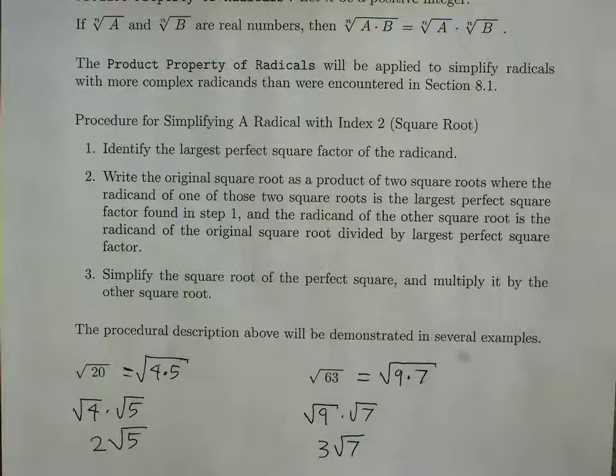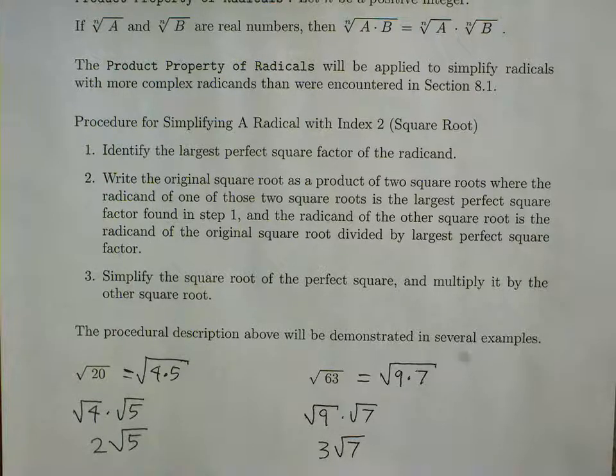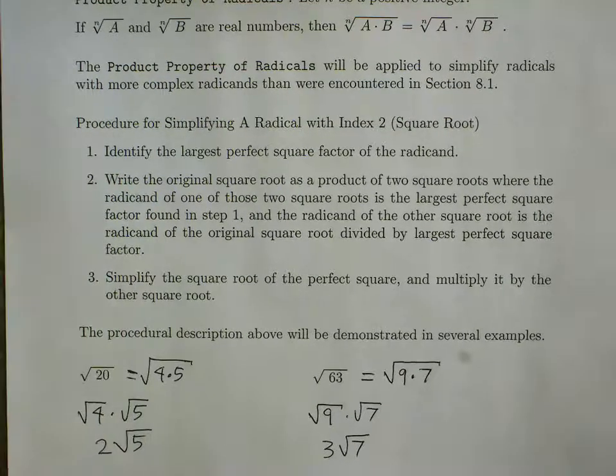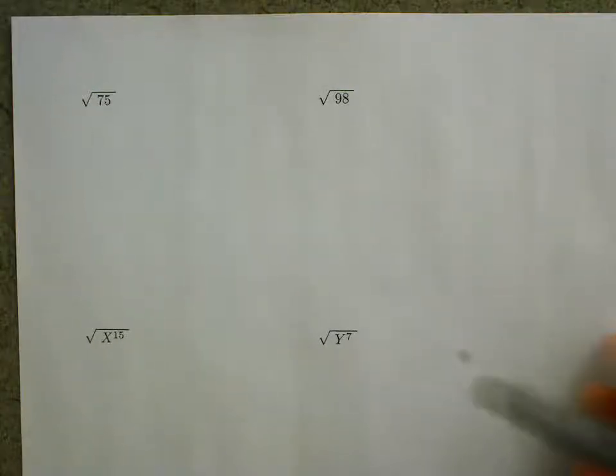Okay, we'll do a few more examples involving square roots. They'll get a little more challenging, but not much. So the first one on the upper left, simplify the square root of 75. 75 is not a perfect square.